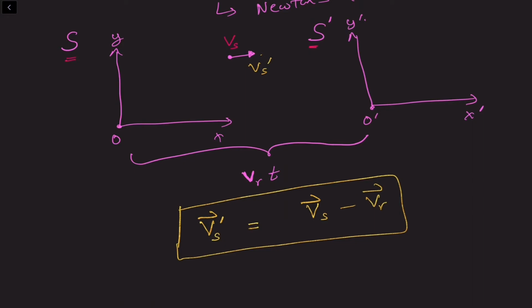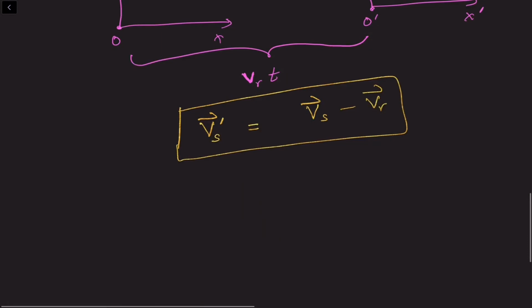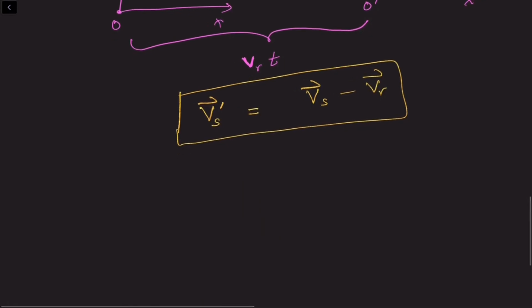So now here's the conflict, or here's the worry, which is if I look at Maxwell's equations, it's telling me that there is some speed c with which light waves travel.